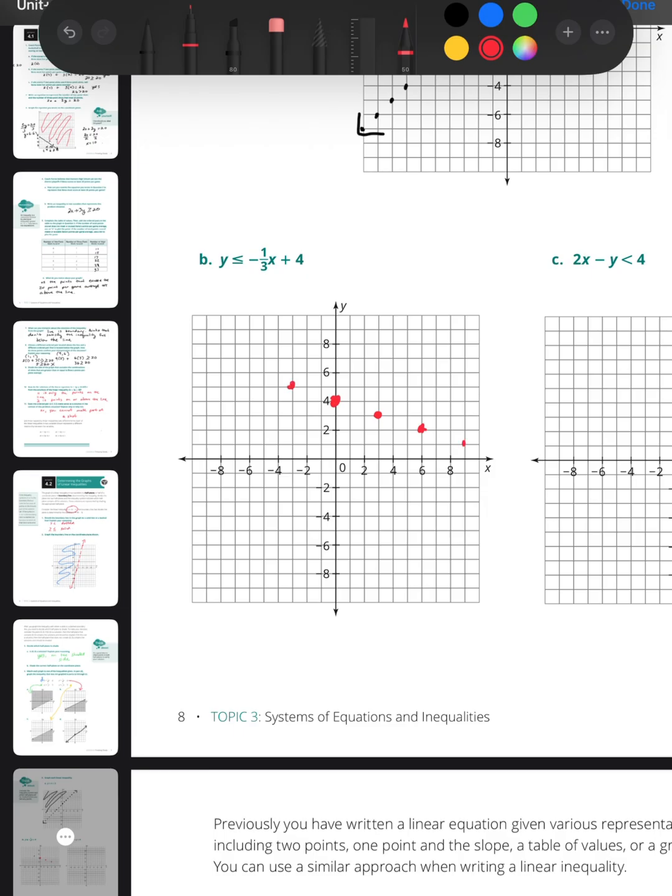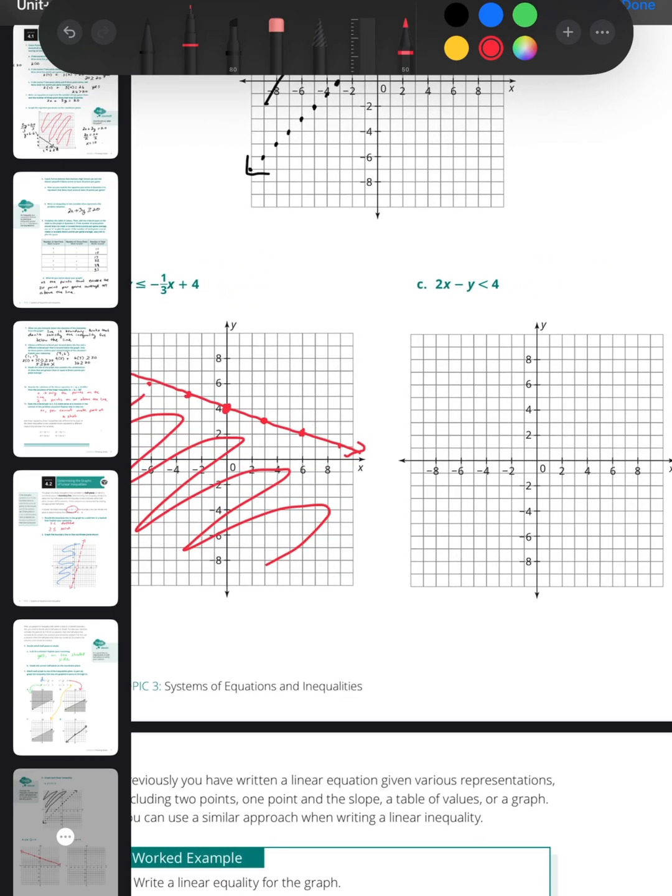Now this one does have the or equal to, so we need to draw our solid line. And it's a less than symbol, so it's going to be all the shaded area below the line. So there would be our graph on B.